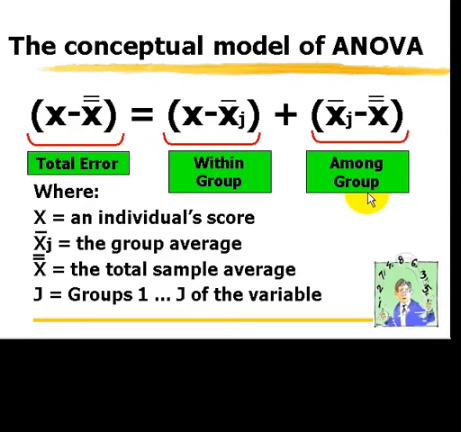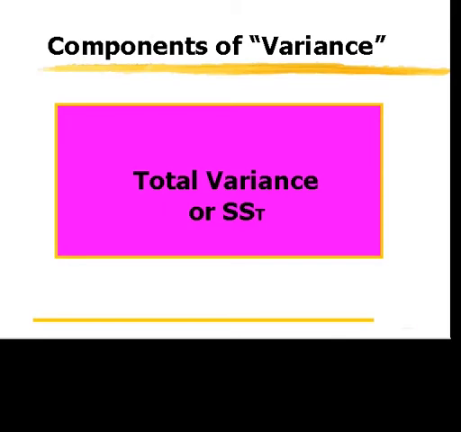And this partitions out just like you would see in something like a Venn diagram. So again, let's look at it in a picturesque sort of a way. What we're talking about here is the total variance, or the sums of squares of the total, and it is depicted by this one large box here. Now this total error then, as we showed you in the conceptual model, is broken up into two subcomponents.